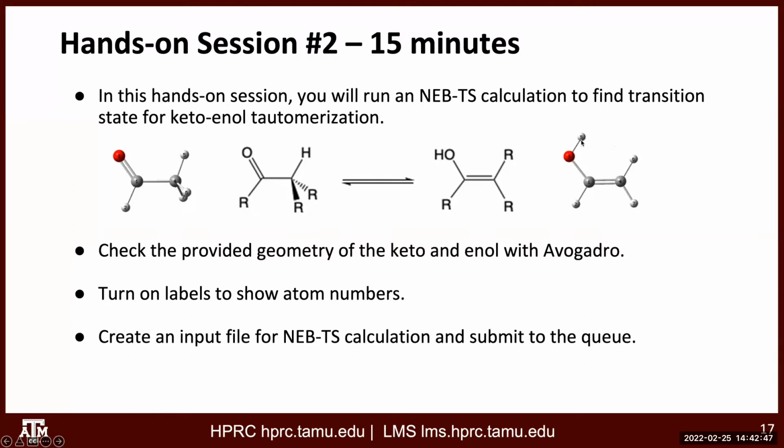The hydrogen has atom number 5 here, and in the product, this hydrogen also has atom number 5. So the atom numbers of the product and your reactant have to be the same, or the program will have a difficult time mapping the product to the reactant.